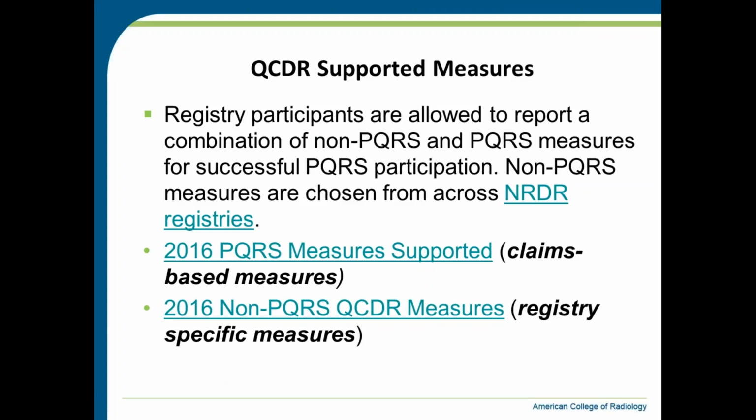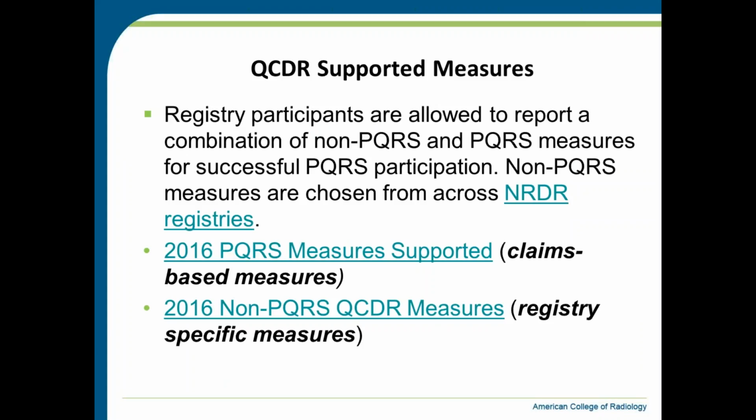So let's just take a look. With using our QCDR, as I mentioned already, we have a number of supported measures. All of our registry participants are allowed to report a combination of PQRS and non-PQRS measures.